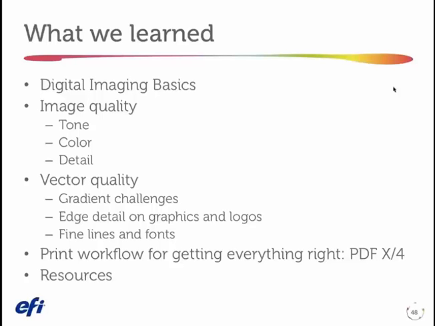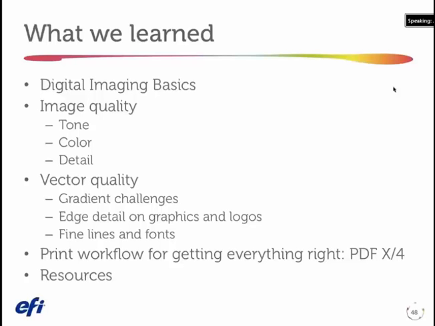And it also means I probably need to apply some enhancement, usually unsharp masking, which is an edge enhancement that gives us the illusion of greater detail, or greater contrast really, in the image. We talked about vector graphics, biggest challenge there being with the gradients, and we showed you some design tips to make better gradients, but also the trick with image smoothing to fix problematic gradients when we print. We looked at edge detail on graphics and logos, which is kind of a hard problem to fix, but just one that you need to be aware of.